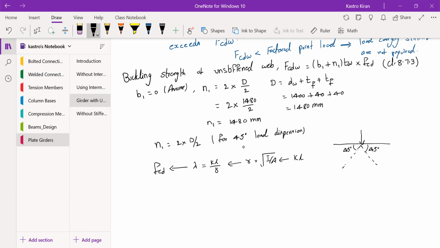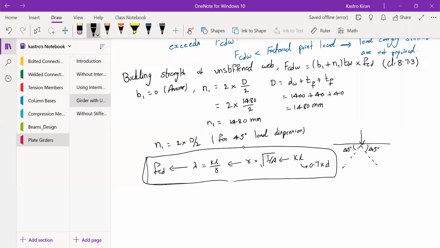This is the backward pattern which you have to solve. And the value of KL is taken as 0.7 times D, that is depth of the web. So this is the pattern of how to solve for the FCD value.